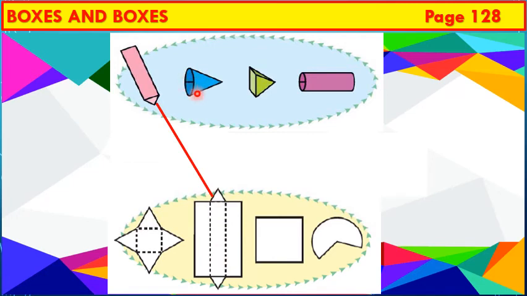This is a cone and this is its net. This is a pyramid and this is its net. This is a cylinder and this is its net.